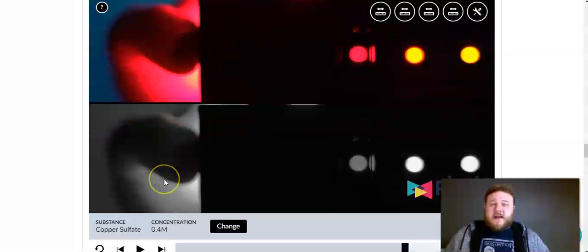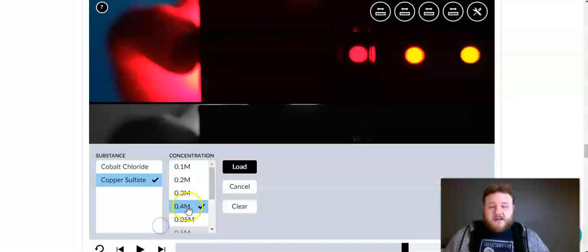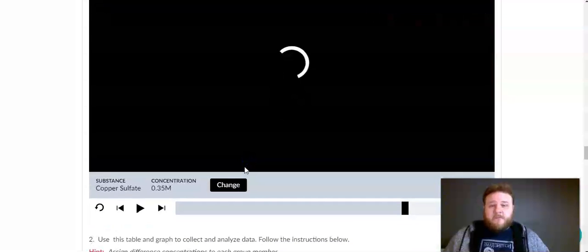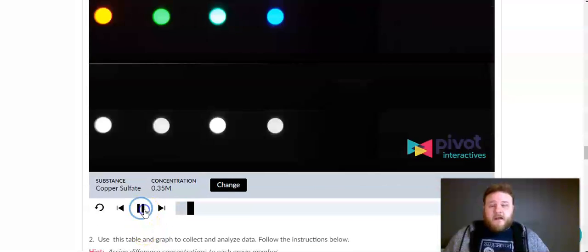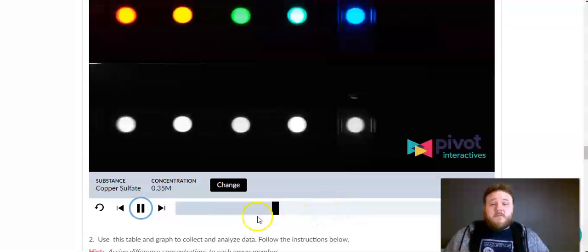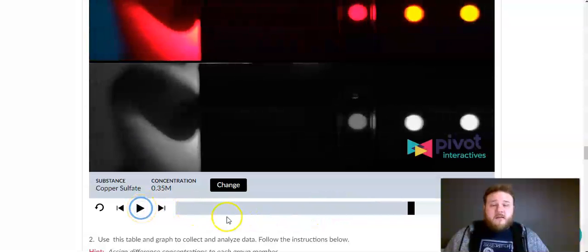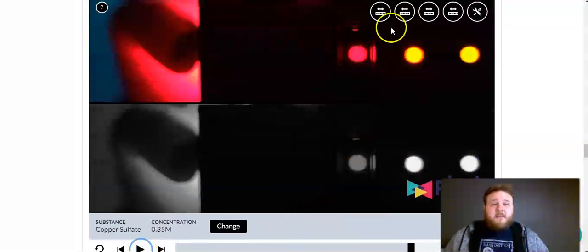I hope you understand how to do the measuring using the video. I think I explained that earlier, so I'm not going to go through that again. But basically, I change my concentration. If I go to 0.5, I load it, I play, and I'm looking at only the red light. I'm comparing how the red light changes with each concentration.